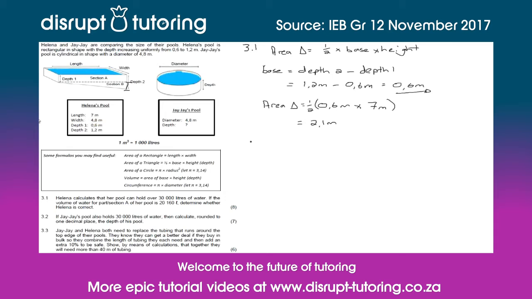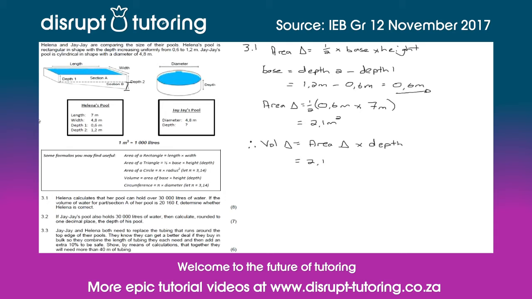So then we can say, therefore, the volume of the triangle will equal the area of the triangle multiplied by the depth. And we said that the depth is actually equal to the width of the pool, which is 4,8. So we can say this is equal to 2,1.